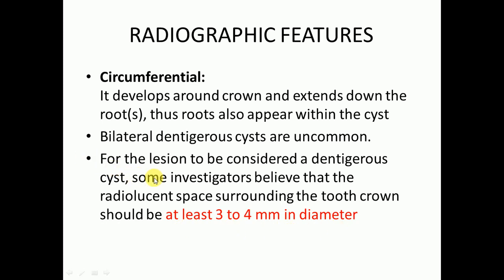If the radiolucent space surrounding the tooth crown is less than 3 millimeter, then it is most probably a follicle, and if it is larger than 3 millimeter, then it is most probably a dentigerous cyst. So the size of the radiolucent space will decide whether it is a follicle or a dentigerous cyst. You should memorize this figure, 3 millimeter.